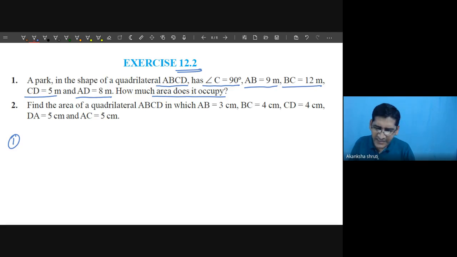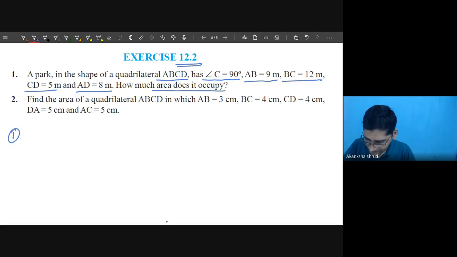Students, you may start drawing from any of the positions. So draw AB, it is given as 9 centimeter. Then BC as 12 centimeter.